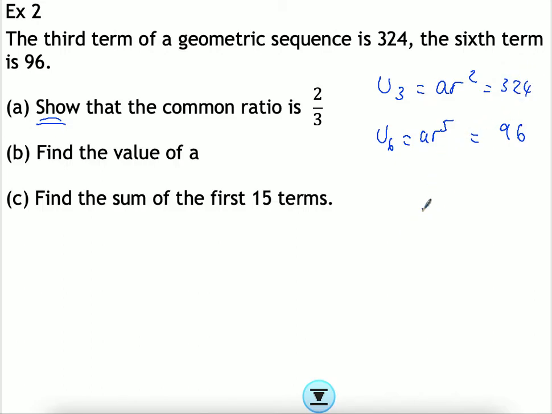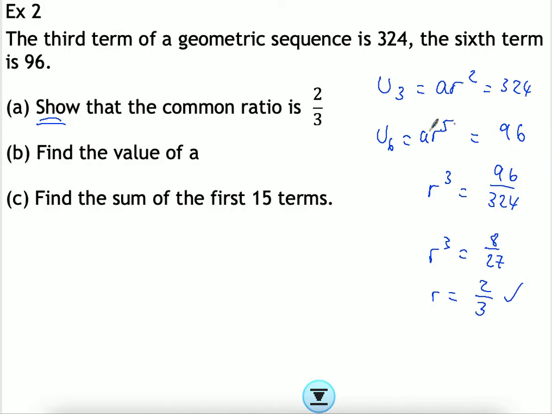Divide both terms, and you will get r cubed equals 96 over 324. I suspect 96 over 324 is something a little bit nicer, and indeed it is. If you cube root that, you do in fact get 2/3. We've successfully shown that the common ratio is 2/3.